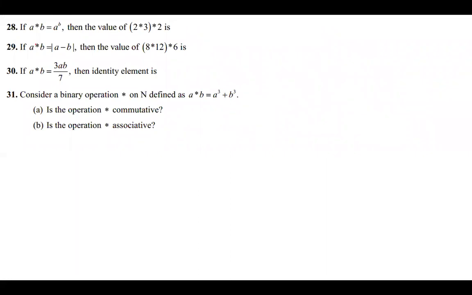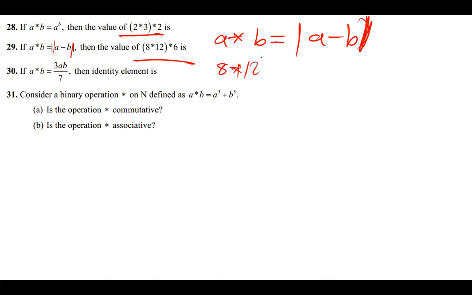Right, so we have question 28, which is also the same as what I'm just saying, except that this one has absolute value symbols, meaning if you get a negative answer there, the answer should be positive. For instance, if we have A star B is equal to the absolute value of A minus B, so find 8 star 12, and then we have star 6.